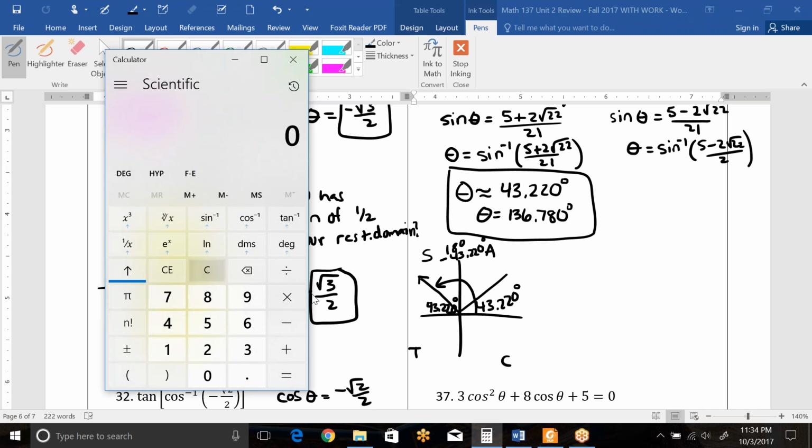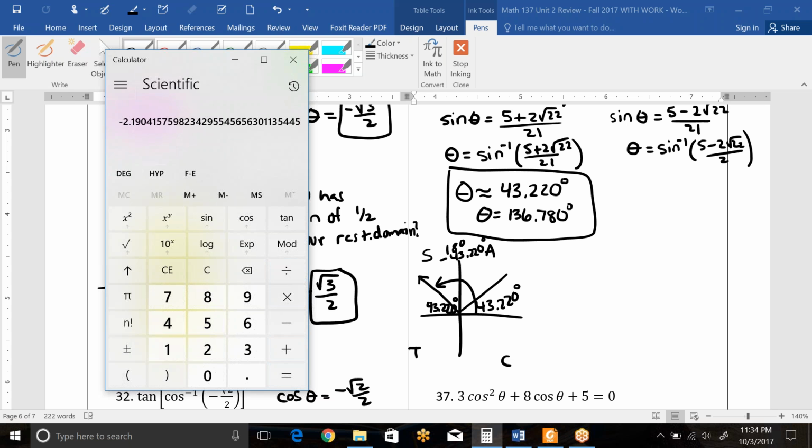So let's just double check what that was. 5 minus 2 times the square root of 22, and then hit enter. Oh, that's not right. Sorry, it was keeping the stuff I did before. 5 minus 2 times the square root of 22, enter, and then divided by 2. So this time it's a negative.